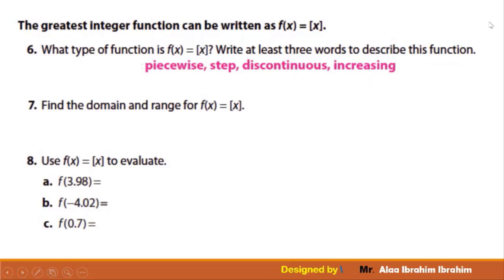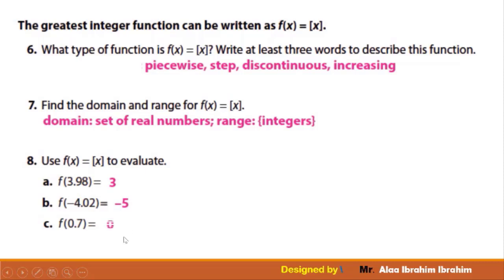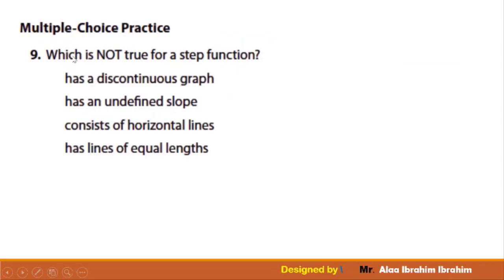You remember that figure. And the domain is always real numbers and the range integers. Here I want to evaluate the greatest integer. I told you to round to the smallest, here 3, here negative 5, here will be 0. So this is your function, which is not true for a step function.